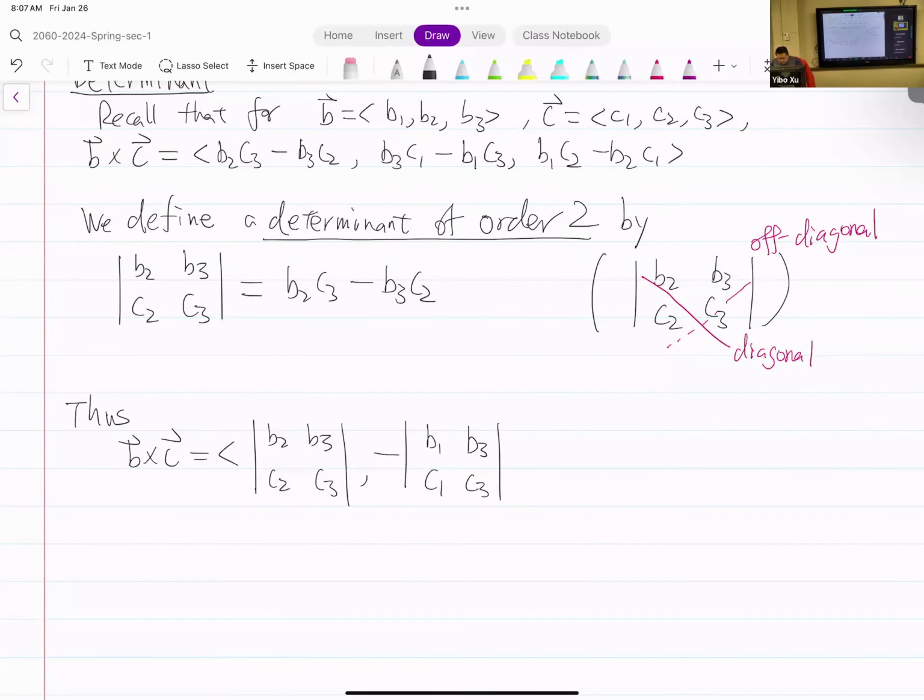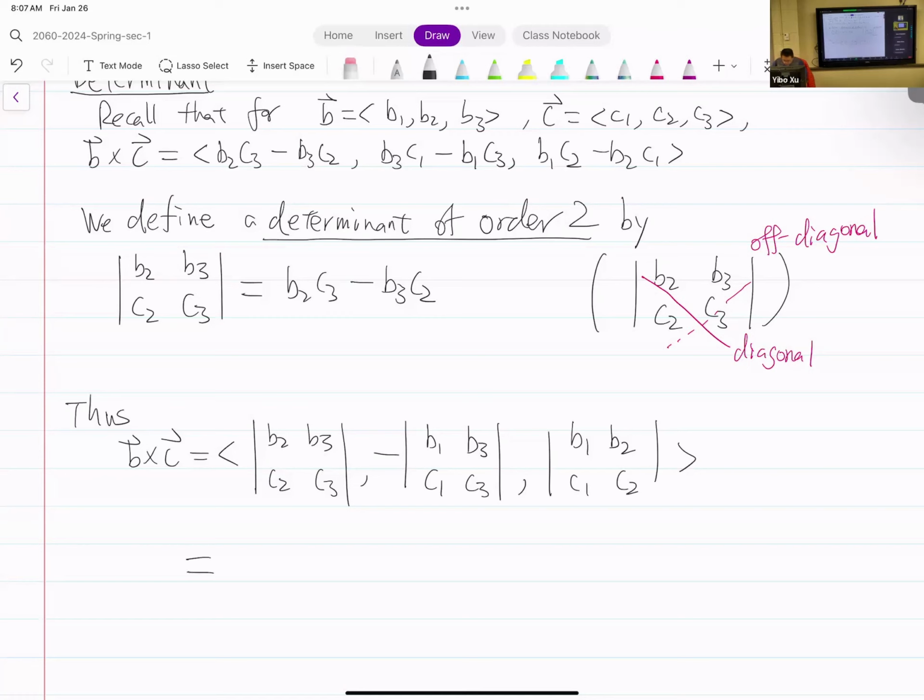Now, if you keep it negative, then indeed you will have B3, C1 with a positive sign. Okay. And finally, the third entry is just going to be B1, B2, C1, C2. It just follows exactly the first entry.